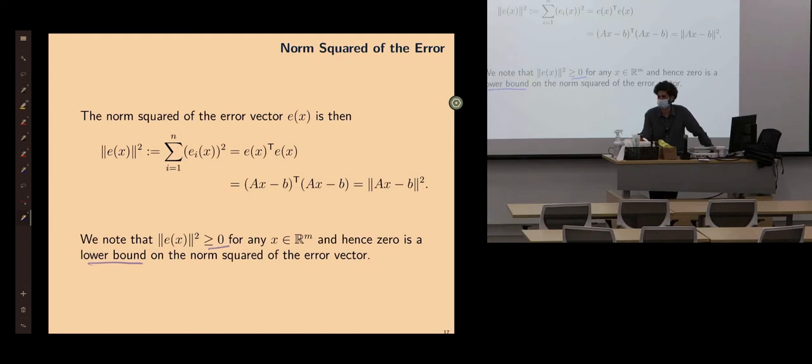That's a formal way to say that it is never going to be less than 0, although it can be equal to 0. Precisely here, the norm squared of the error is lower bounded by 0.